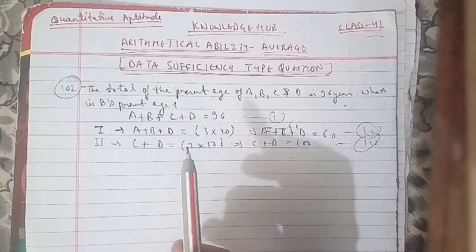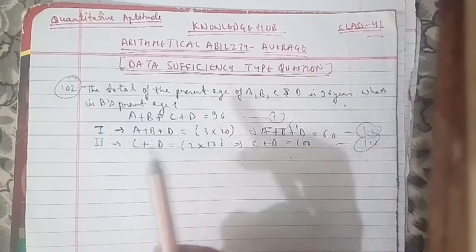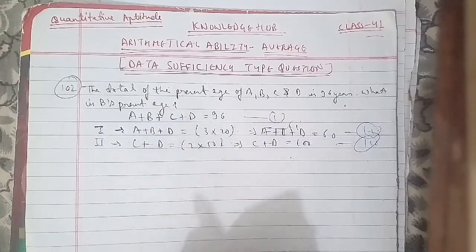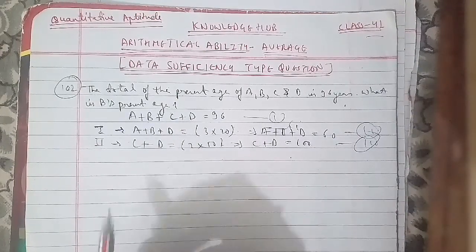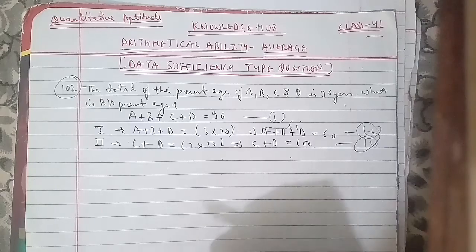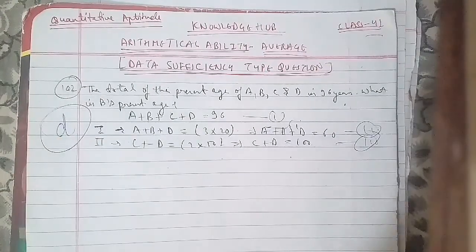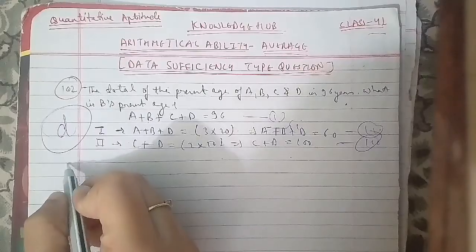Okay, now we'll go ahead with another one. What is the average age of children in the class? This is your 103rd question, the 33rd question. This question has been asked in your bank PO question paper.